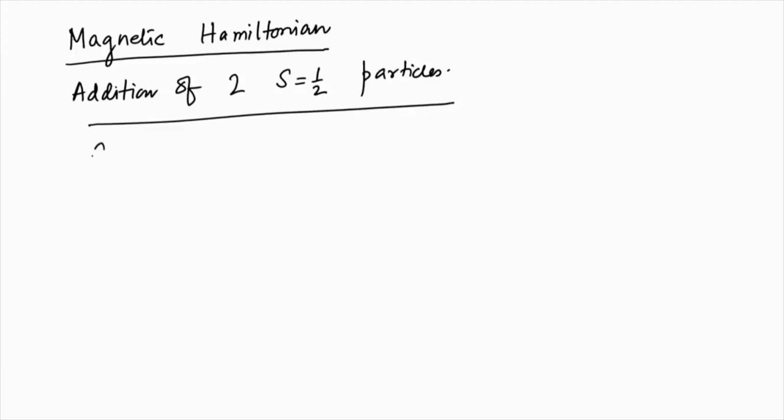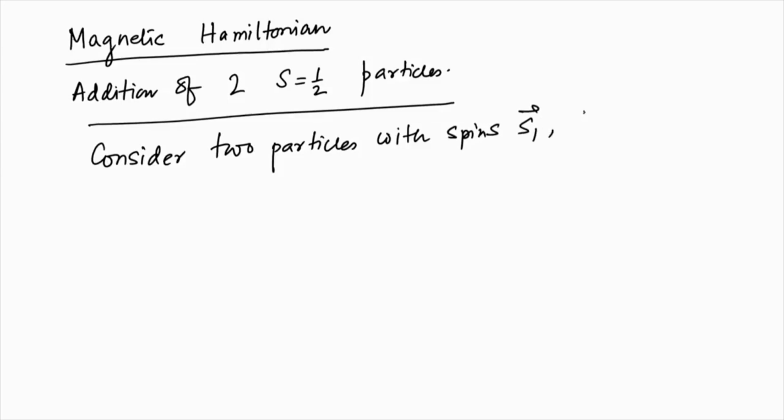So, let us consider two particles with spin vectors S1 and S2.